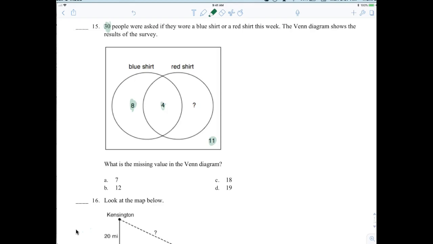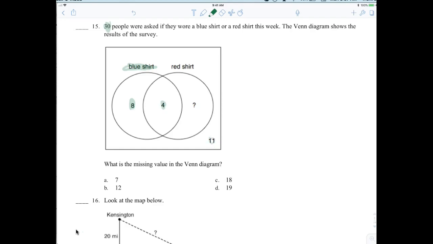So this number 8, look, it's very easy, but something we don't really discuss. What do you think 8 represents? The people who wore just blue. 4 people wore a blue shirt and a red shirt.